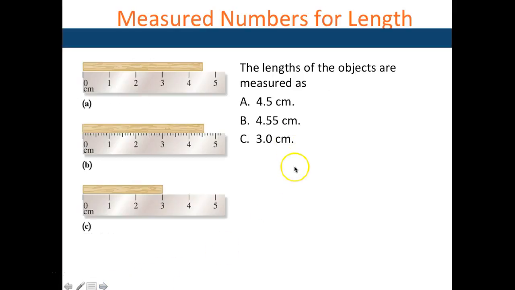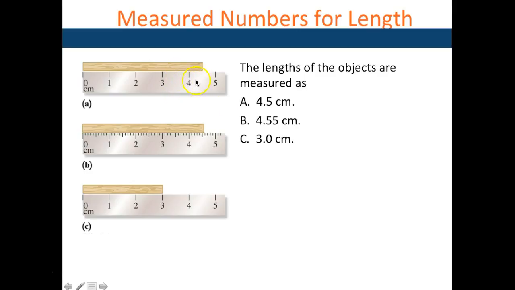Here there are 3 measurements. The last digit is the estimated one. This is the digit you take a guess at. You look at what you see visibly and then estimate this last digit. So 5 is the estimated digit here, 5 is the estimated digit here, and 0 is the estimated digit in 3.0 centimeters.